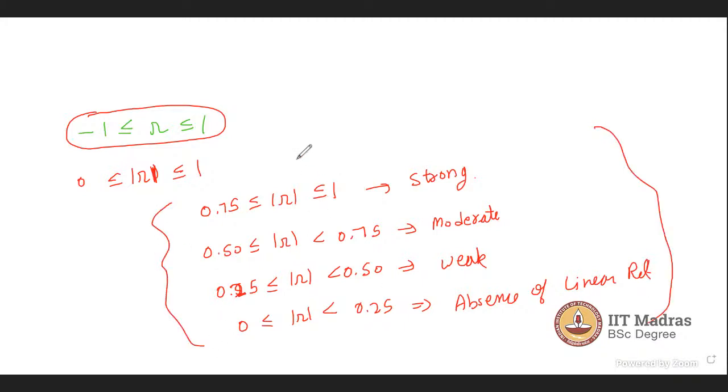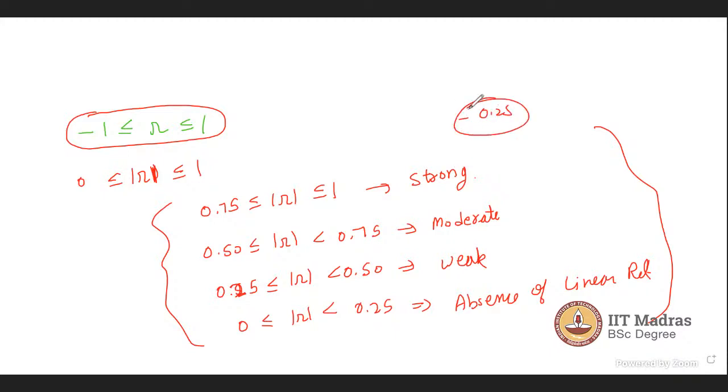Excuse me, sir. There was a question in week 4 about this: suppose I have a linear association of negative 0.25.